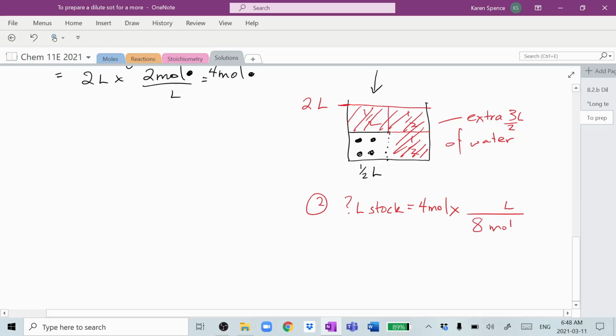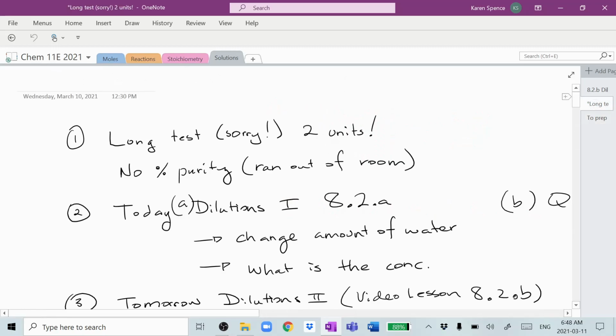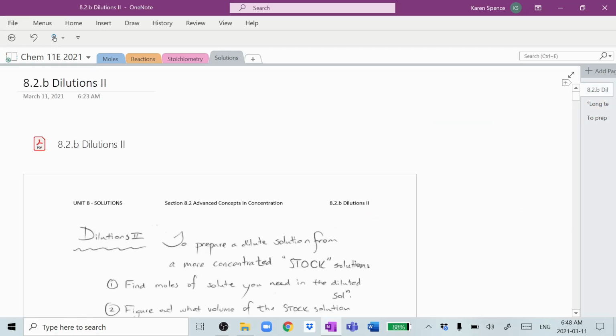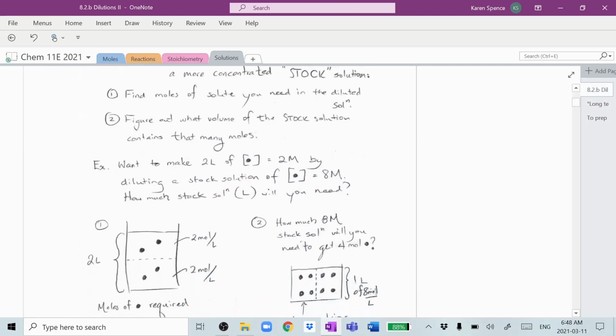I know that it is 8 moles per liter, which gives me 0.5 liters, or a half a liter. Okay, and so that is how we would do our calculations. Now, how would I do this in practice? Well, let's see, not that one, that one. Okay, so this is written out in a much more tidy form in your book.